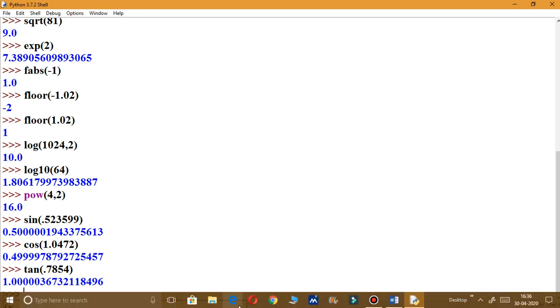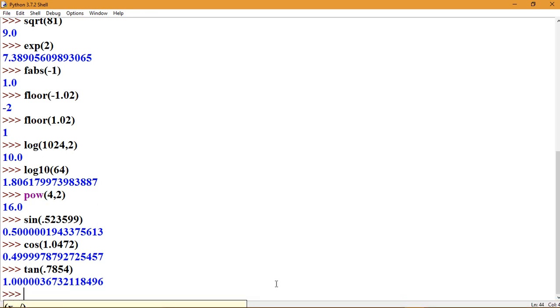How did I calculate it? See, there are two functions, degrees and radians functions. We have read that also. If we want to convert from radians to degrees, we will use the degrees function.